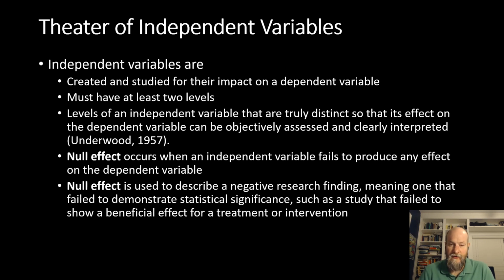So the null effect is used to describe negative research findings, meaning that you failed to demonstrate statistical significance. Now that's an important distinction, but there was not enough statistical evidence to make the argument of a cause and effect relationship between the independent and the dependent variable, and we refer to that as a null effect. For example, in a treatment study, failing to show any beneficial effect for the treatment or the intervention.